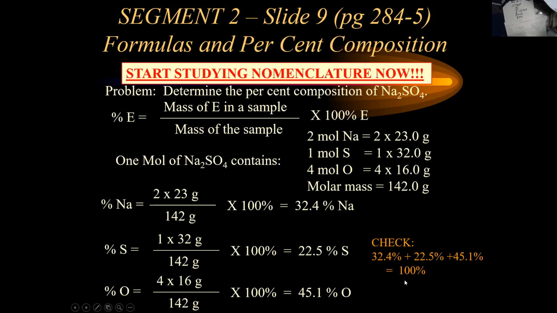And so if I had just taken these 2 numbers and subtracted from 100 to get this number, if I had missed either one of these, I'd miss this one too. And so don't do that. Calculate the percentage of everything in the formula and then see if they add to be 100%. This would generally give you a check on whether you did the math correctly or not.